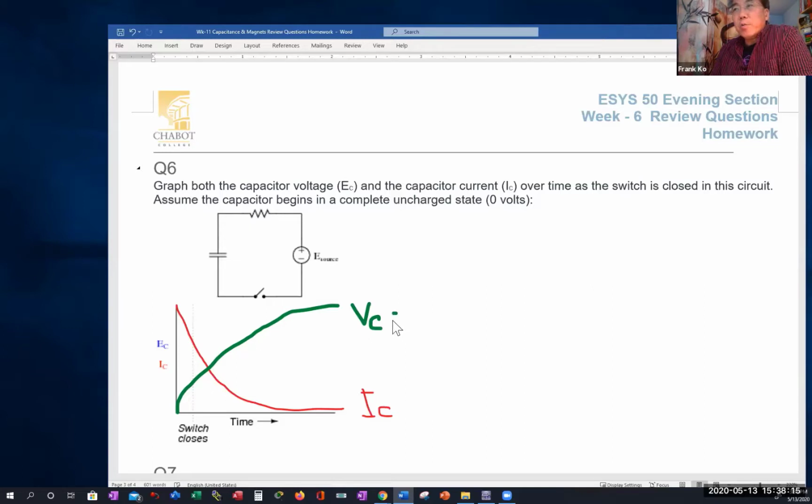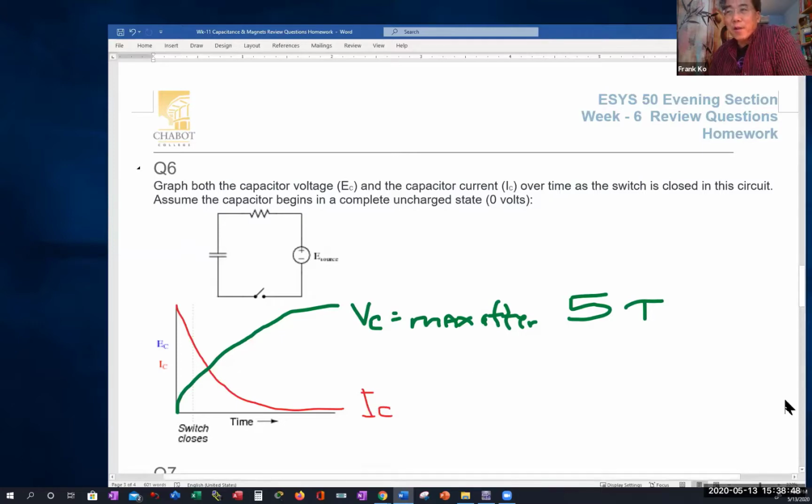So VC equals max after 5 tau. I'm sorry for how horrible this looks. And then your IC equals minimum after 5 tau.